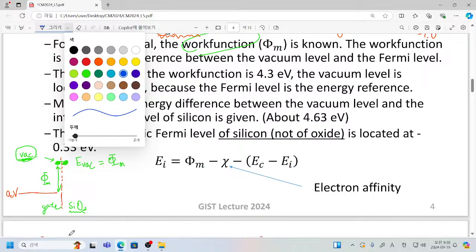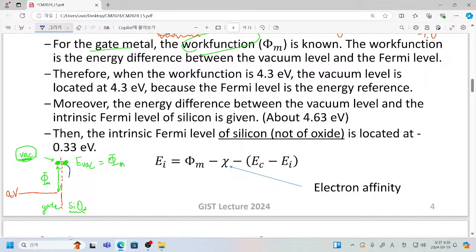Then how can you find out the silicon material's intrinsic Fermi level? There are two steps. The first step is to find out the conduction band of our silicon. Usually this energy difference is well defined.